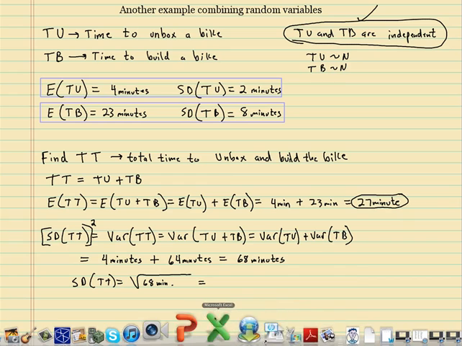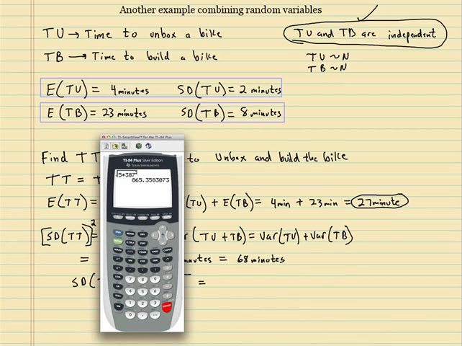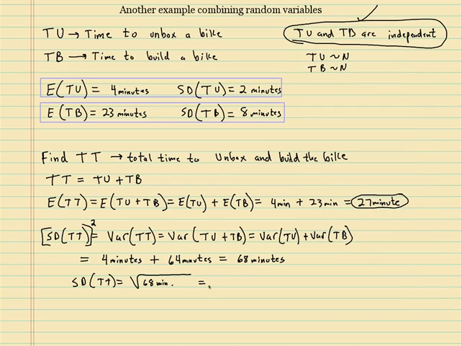But let me give an exact number. Not sure if my calculator's up. There it is. The square root of 68 is about 8.25 minutes. Okay, so that's how you work with those.